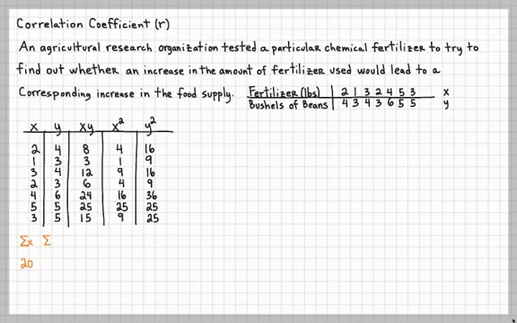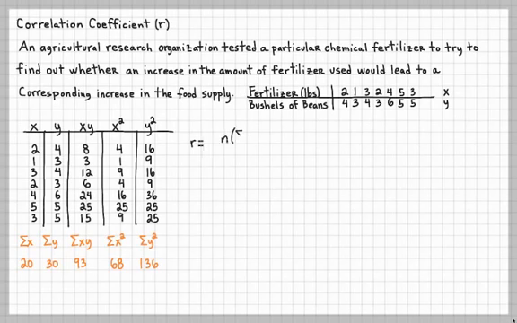The sum of Y gives you 30. The sum of XY, we get 93. The sum of X squared, we get 68. And the sum of Y squared, we get 136.